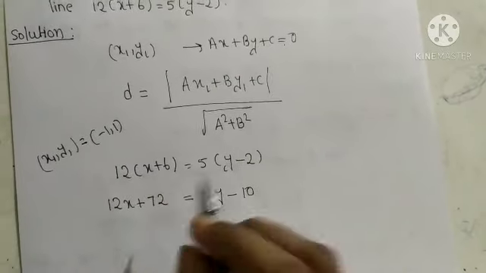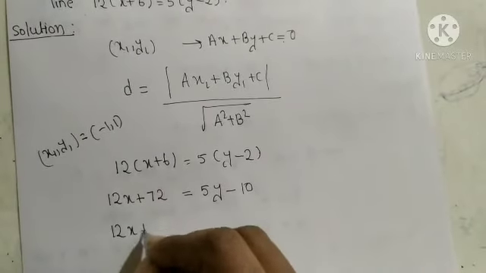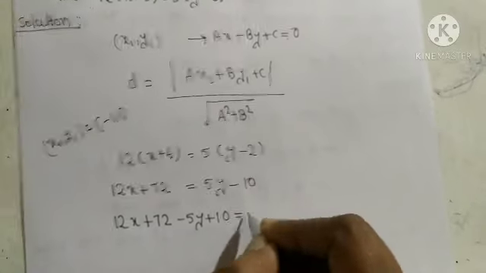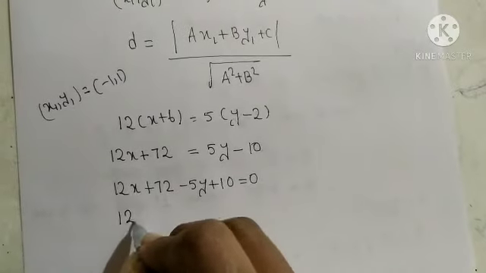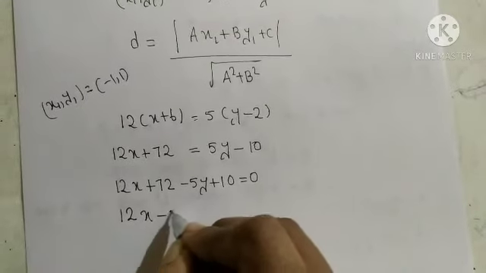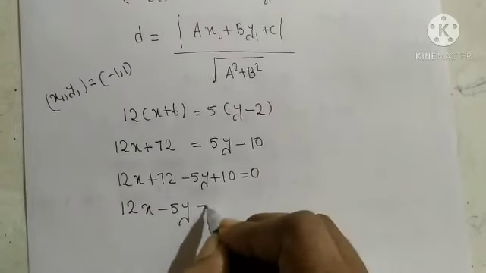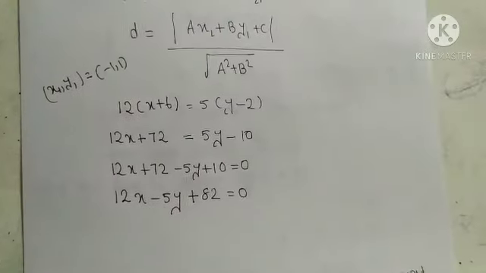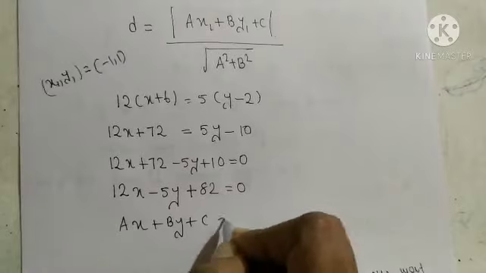So taking the whole term to LHS, we get 12x plus 72 minus 5y plus 10 equal to 0. And rearranging this, we get 12x minus 5y plus 72 plus 10 will become plus 82 equal to 0. Okay, so this is in the form of ax plus by plus c equal to 0.